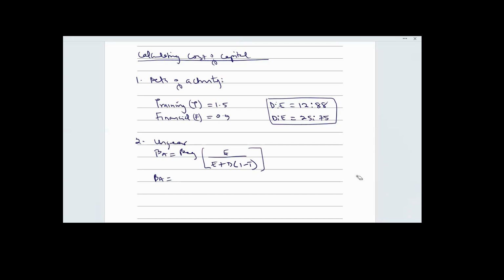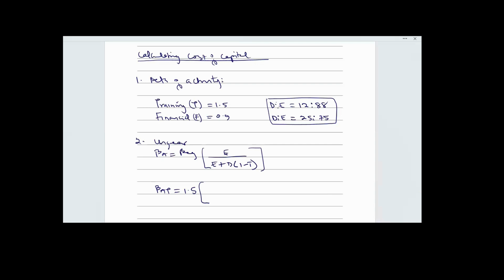In this case, I want to calculate for training. Beta asset of training. Or let me rewrite this. Beta asset of training equals the beta equity of training, which is 1.5, into equity value of training. Since debt is 12% for training, let me confirm that again.